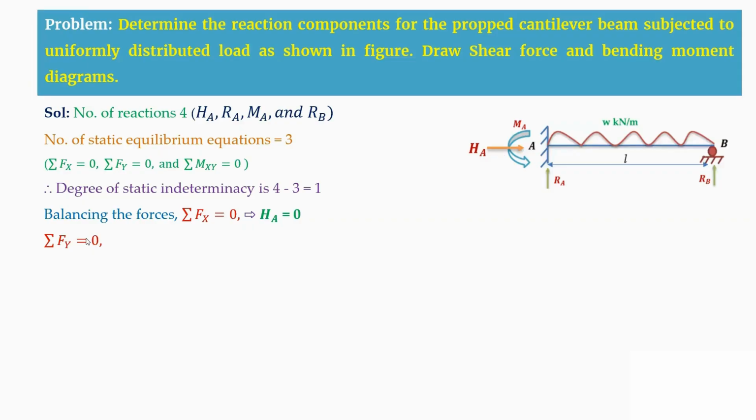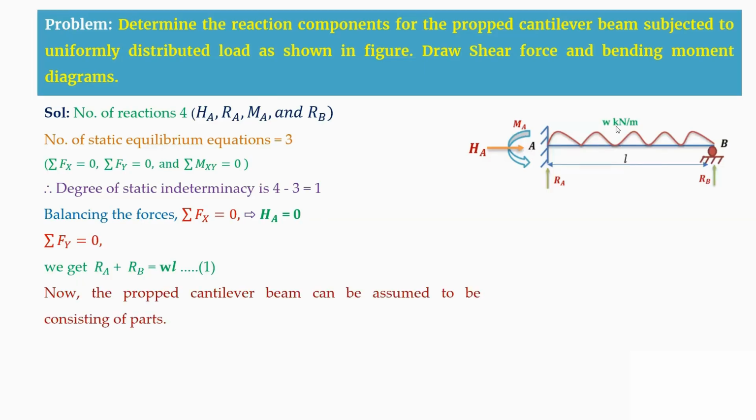Here the vertical forces are RA and RB in the upward direction, whereas downward, the total load on this beam is w kilonewton per meter, the UDL. Therefore, the total load is w into L. So RA plus RB equals w into L. This is the equation we get.